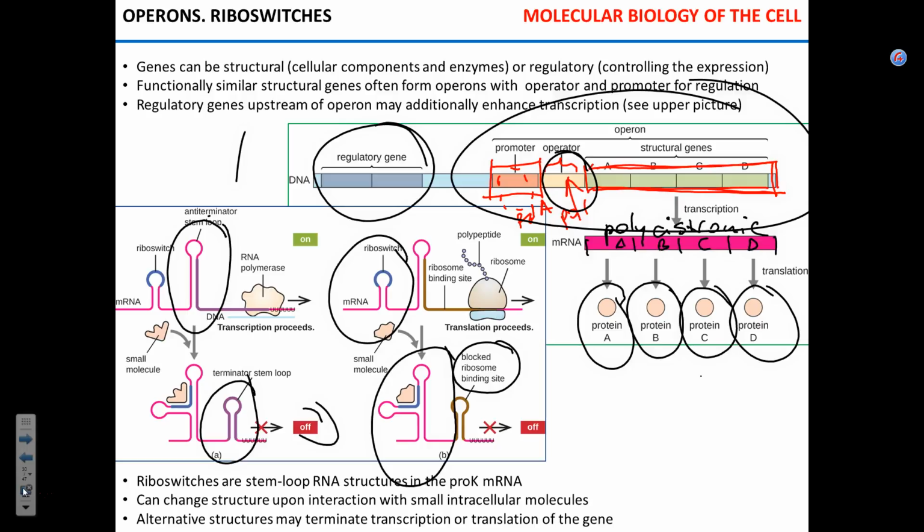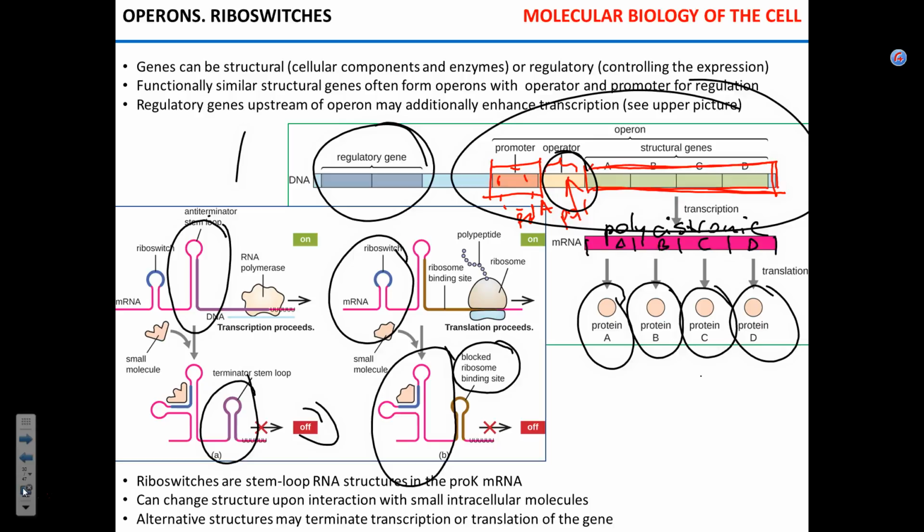The difference between riboswitch and the operon structure: operons exist in the DNA. Riboswitches are RNA elements. Does that make sense? So riboswitches are less profound, more fine-tuned.